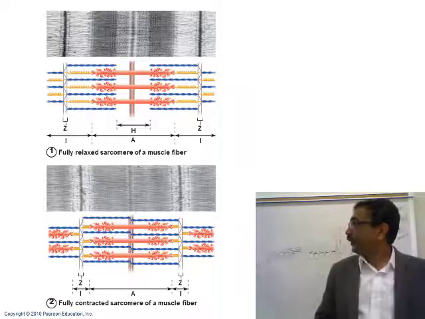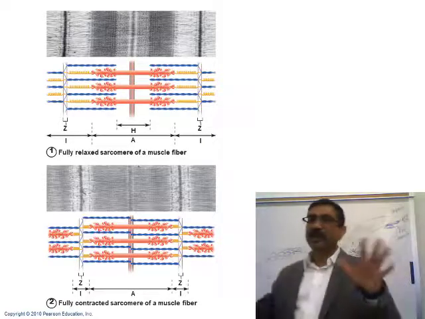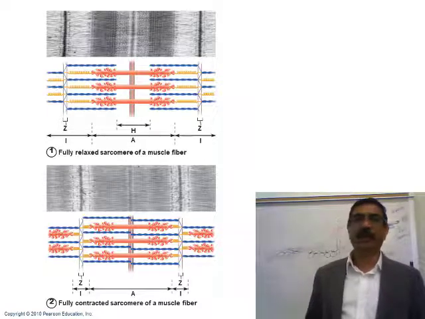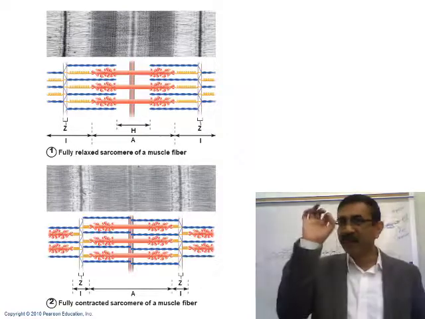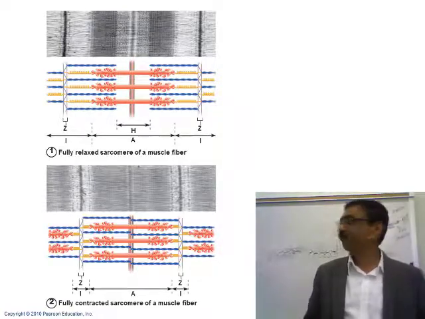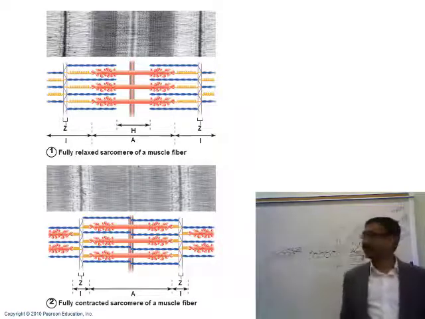And that's how it looks under the less powerful microscope. Now if you use a very high powered electron microscope, you'll be able to see those tiny troponin, tropomyosin, actin, myosin, right? Those structures. But a regular microscope will show like this.